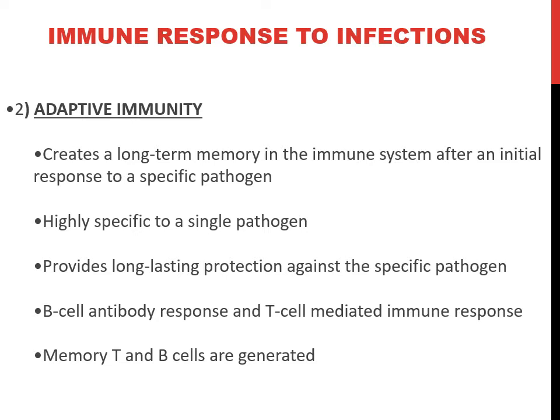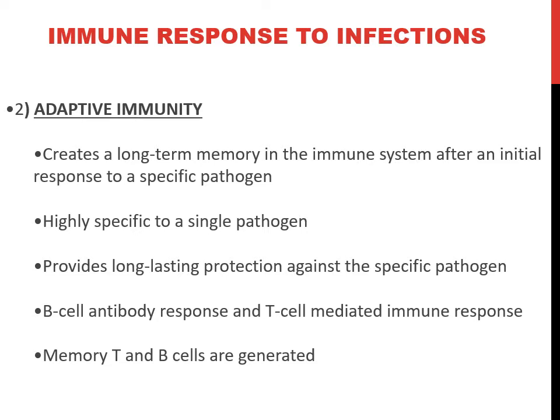And lymphocytes consist of B lymphocytes and T lymphocytes. And these particular cells can create a long-term memory for one particular infection. Once it's seen that infection once, it can generate a very powerful immune response the next time it sees it so that you don't get an infection.